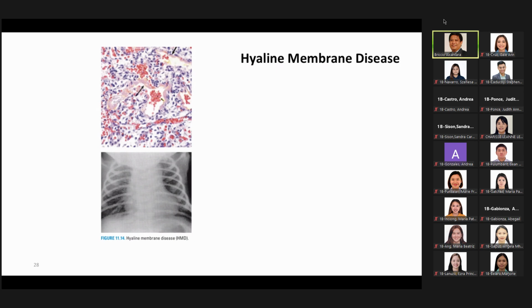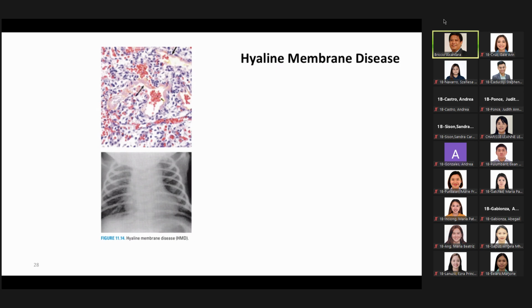Treatment. Treatment includes administration of your betamethasone and a surfactant-like medication that they usually use for prematures. Okay, so you can see here the alveolar period.